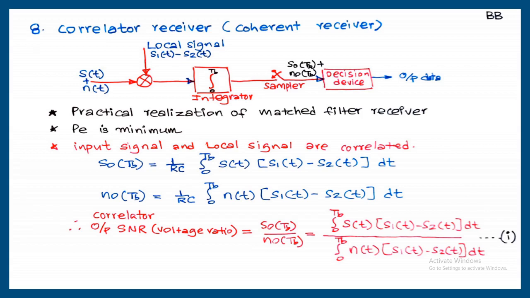This is the output signal to noise ratio of correlator. It's a voltage ratio. Now the similar signal to noise ratio we are going to calculate for matched filter, and if you are able to get same answer or similar answer, we are able to say correlator itself is a matched filter receiver.